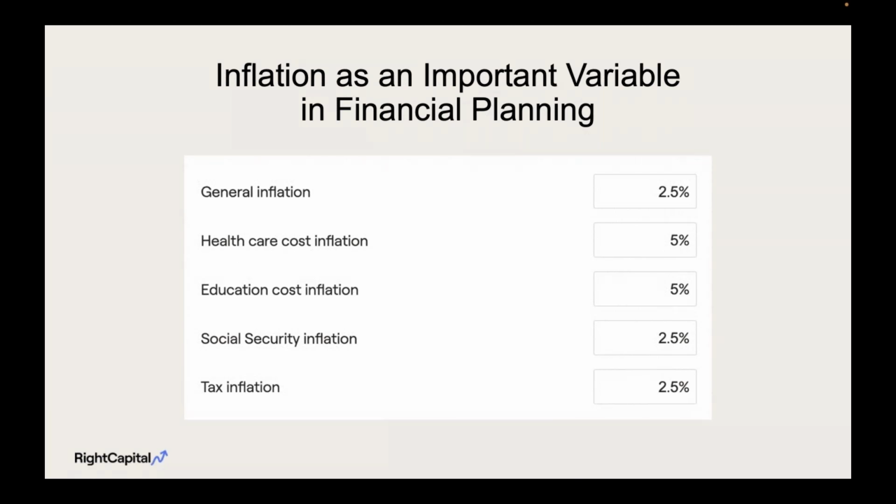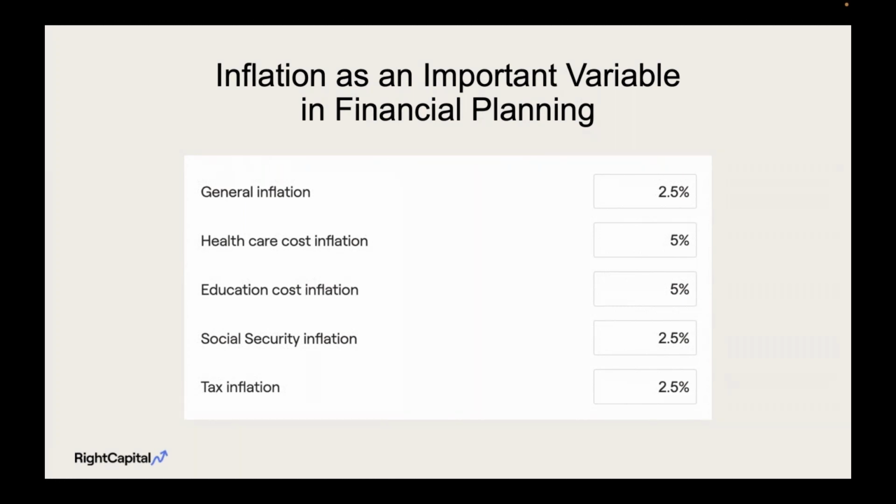So when we're looking at inflation as a really important variable in financial planning, we of course have to make some fundamental assumptions. And all of you here today are Right Capital users, so we're talking about this in the context of Right Capital. What you're used to seeing in your default login, if you haven't made any changes, is that we use general inflation rates set at 2.5%, which affect all of the expenses that you're mapping out for your clients.